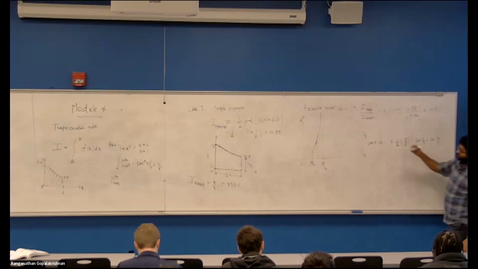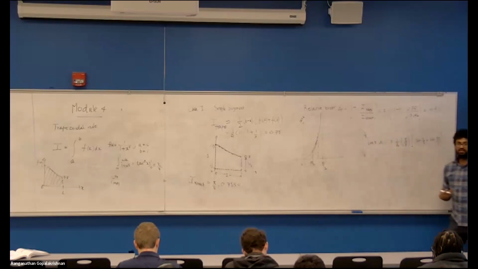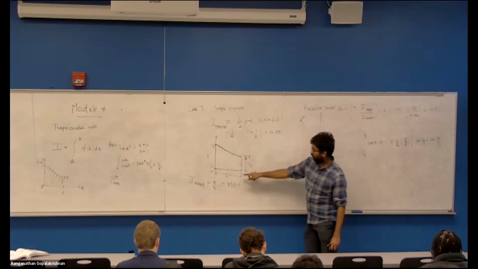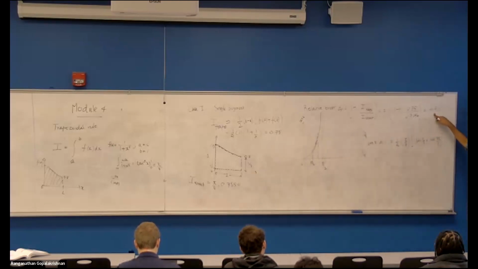I'm trying to make the point that when the curvature becomes steep, this approximation gets that much worse. So what do we do now? We have 4% error. Your goal is to reduce that error. What would you do?